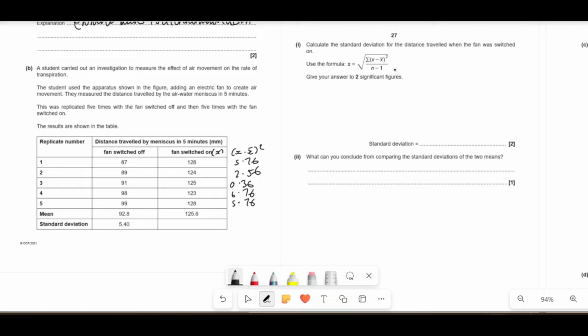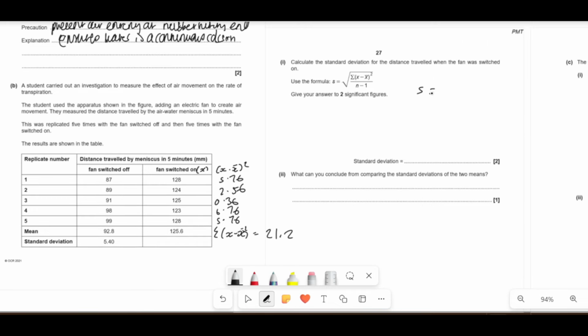So then all we need to do is work out sigma (x minus x bar) squared, the sum of all of that, which is 5.76 plus 2.56 plus 0.36 plus 6.76 plus 5.76, which gives us 21.2.